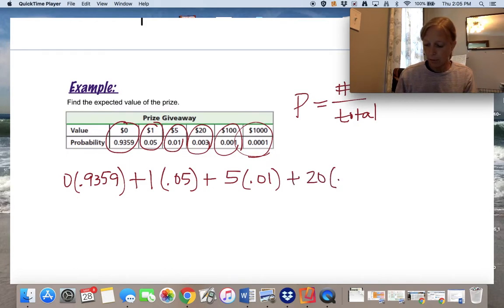Notice the probability of winning each dollar amount is decreasing as the money increases. That's how prizes are set up. That's how lotteries work. All right, 100.